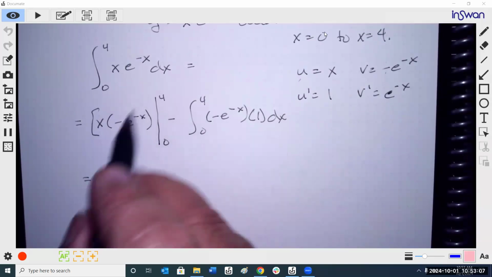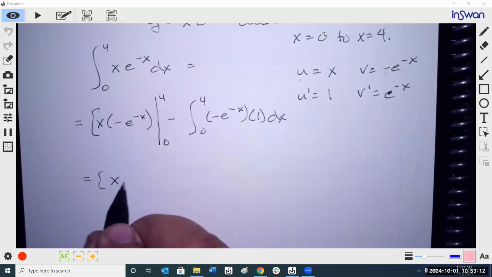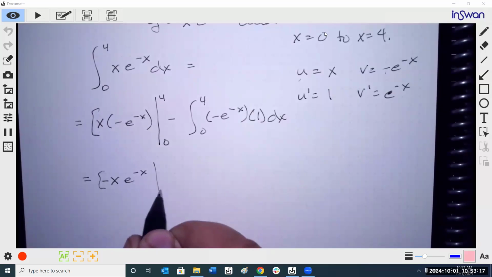Let's wait till the end and do all these at one time. So I have negative x e to the power negative x from 0 to 4.